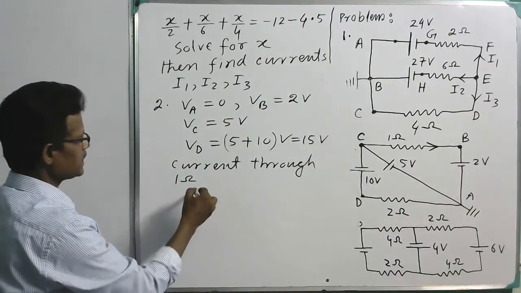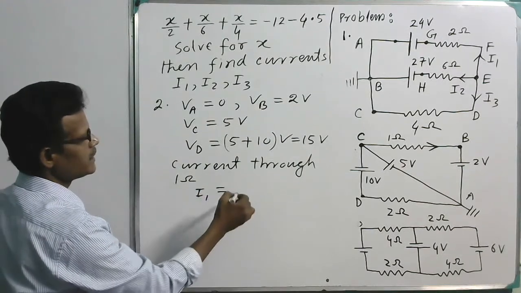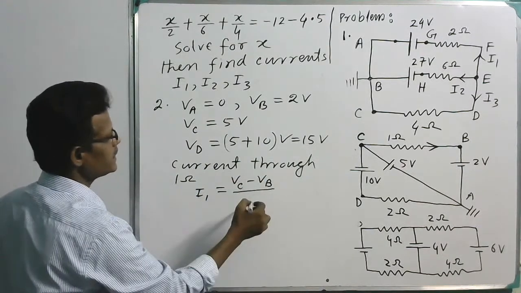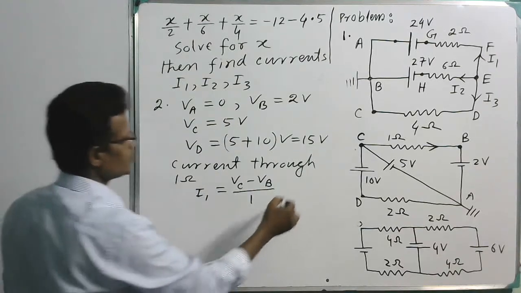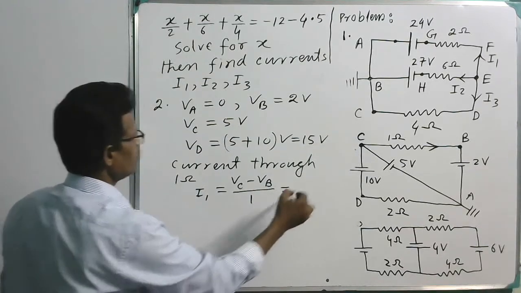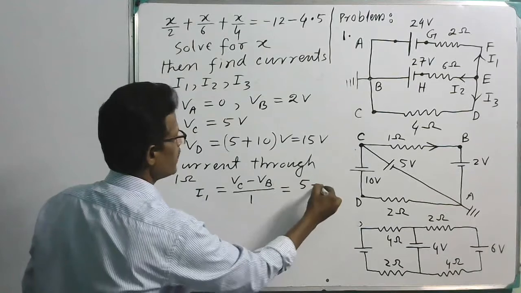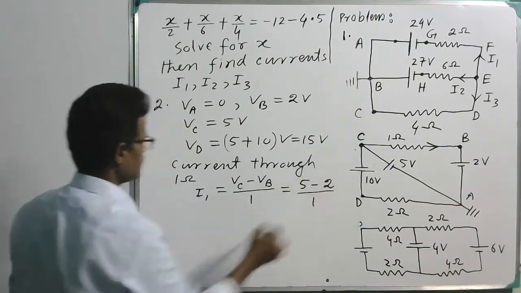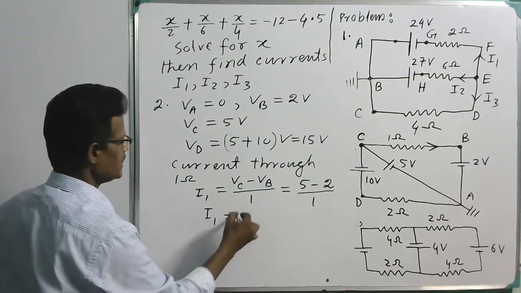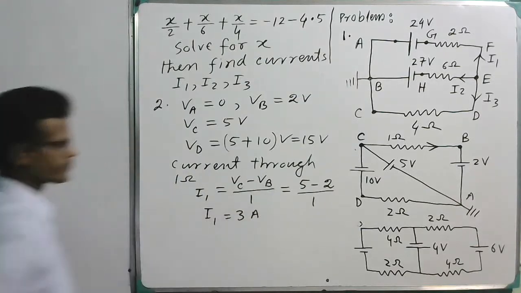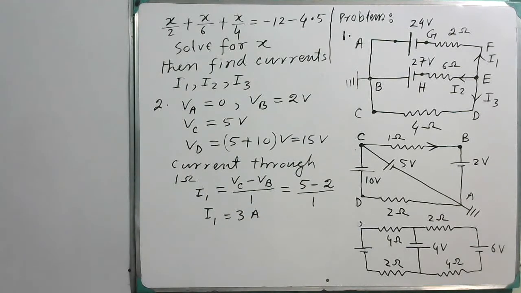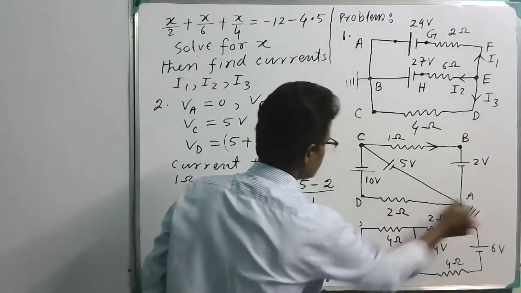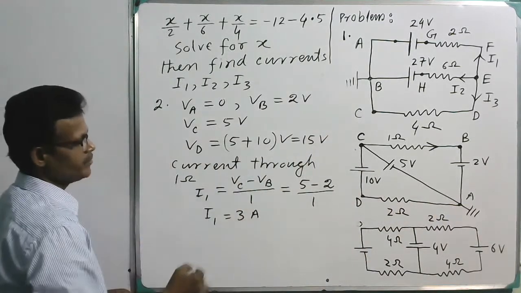So current I1 is VC minus VB divided by resistance 1. VC equal to 5, minus 2, by 1, so I1 equal to 3 ampere. Now what is the current for this? This is 0 volt and VD is 15 volt.